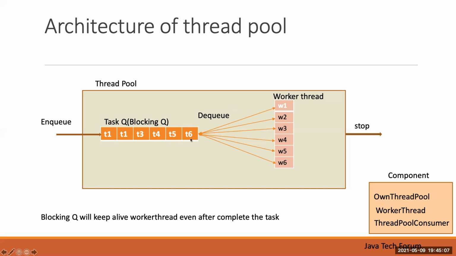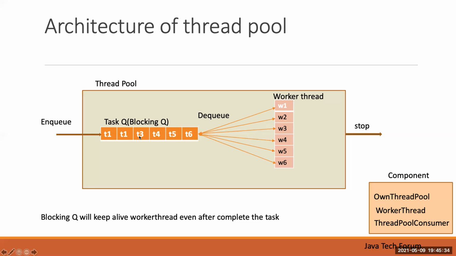If there is no task, it will keep the thread alive until it gets a task in the blocking queue. So these five threads will never end unless we externally terminate or stop all the threads. By default it will be alive, and it will keep checking this blocking queue.